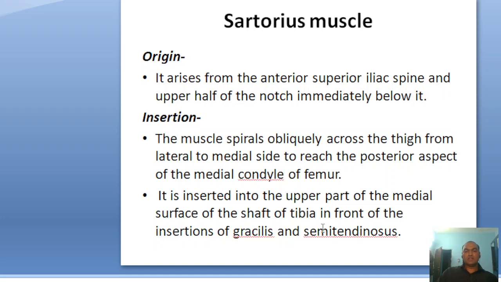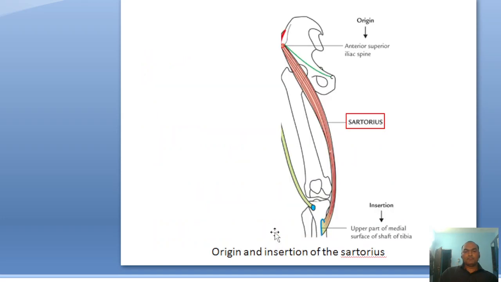So these three muscles belong to all three compartments of the thigh. This is the sartorius arising from the anterior superior spine, then ribbon-shaped, crossing the thigh to the tibia, the upper part of the medial surface of the tibia. The insertion is hockey-stick-like, and this is the sartorius muscle.